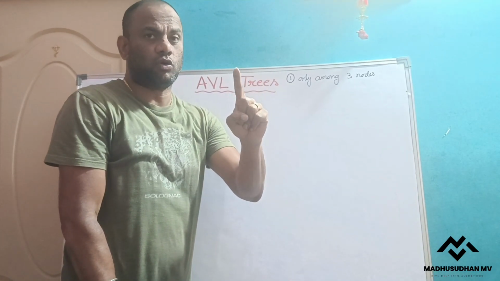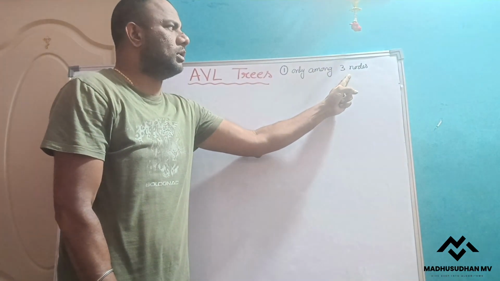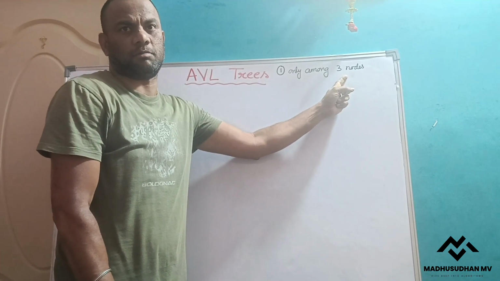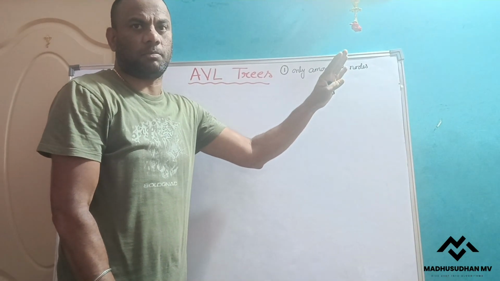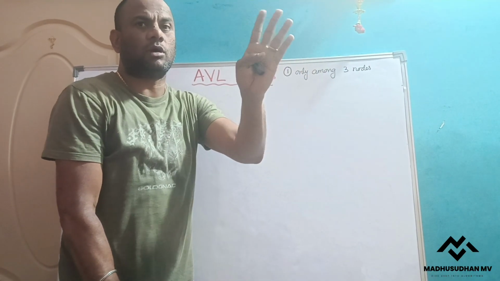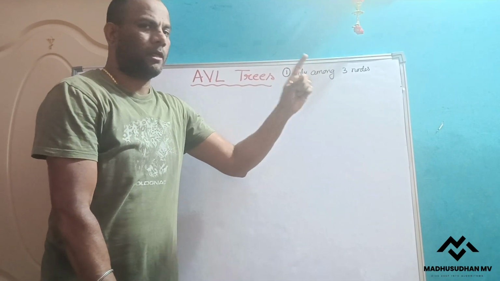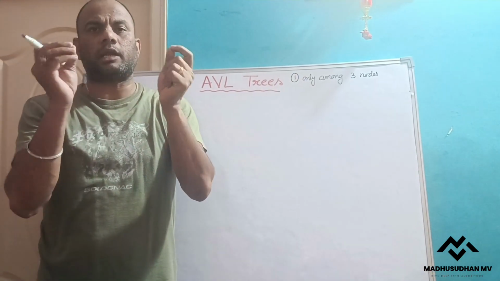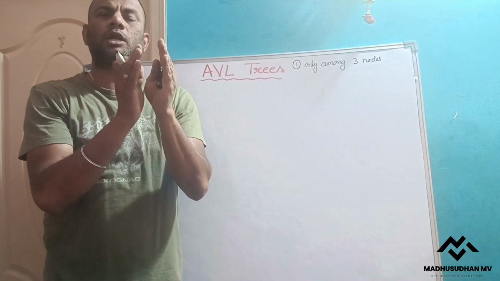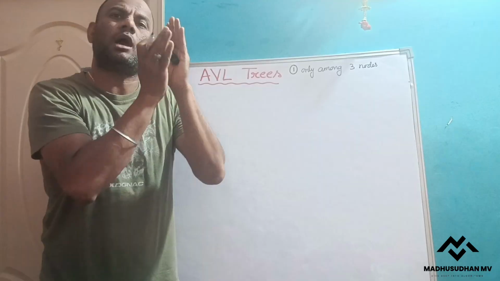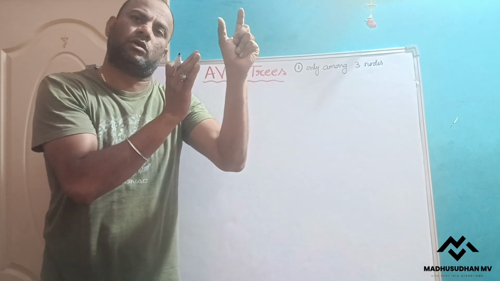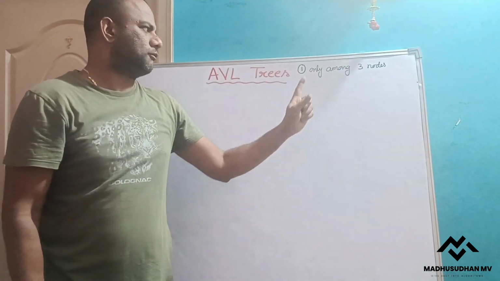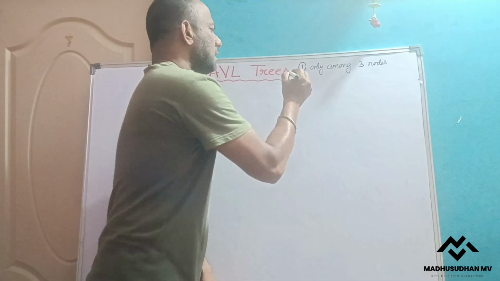Sometimes 2 nodes are also possible, but at maximum only 3 nodes. Whenever we are doing any type of rotation, we apply it among a maximum of 3 nodes, not more. That's the first point we have to remember.